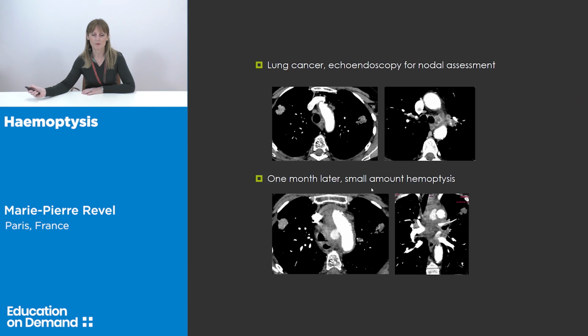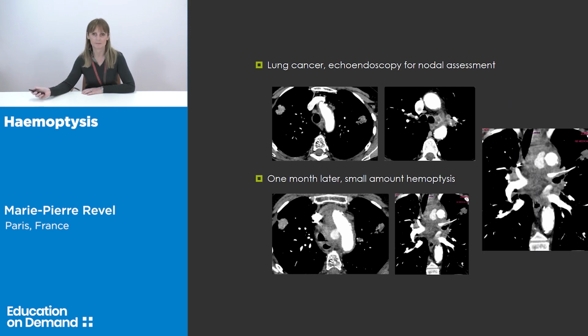Fortunately, we performed the CT shortly after this episode, which allowed depicting this huge traumatic false aneurysm. Probably during the echoendoscopy, there was vascular injury of the aorta causing this large false aneurysm, which was immediately treated by stenting.